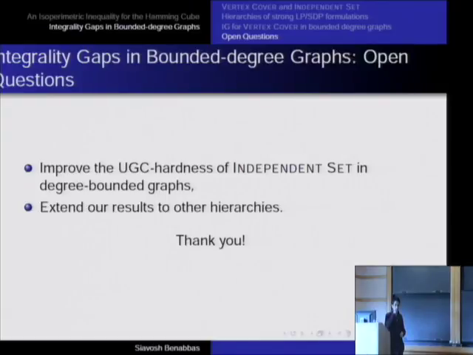Let me think a little bit. I think in principle you should be able to show it, but you run into the same kind of problem with this little o of 1 factor.